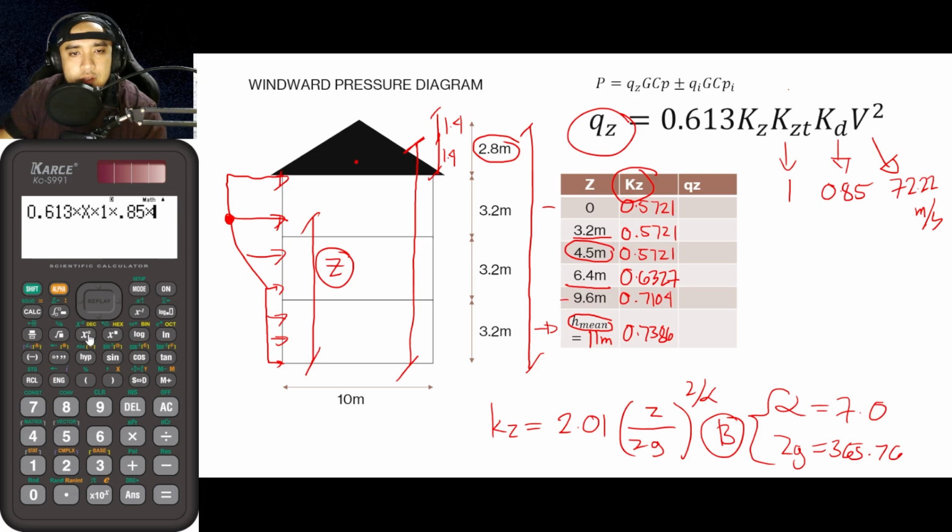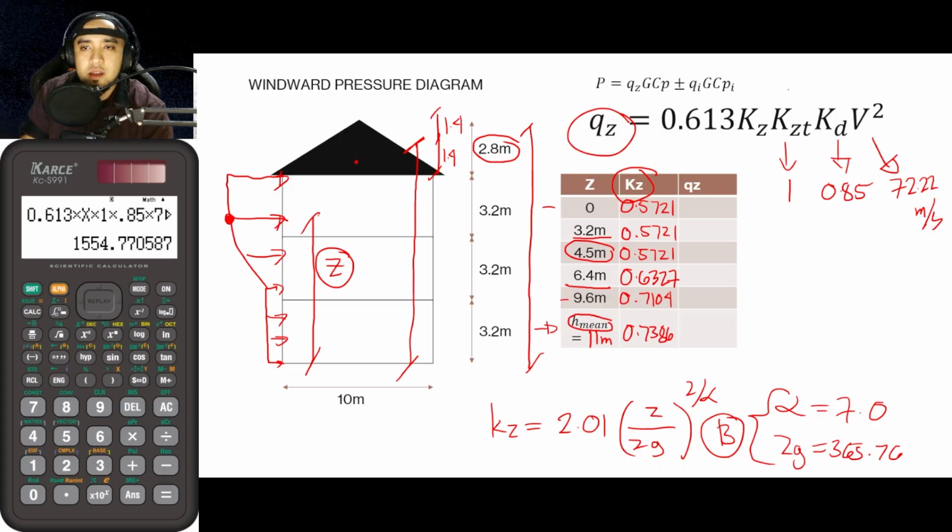And the velocity would be 72.22 quantity squared. Okay, so pressing calc, if kz is equal to 0.5721, the answer here is 1554.7706.